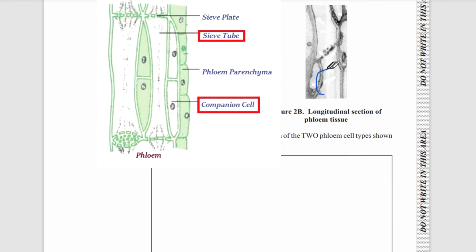This is a sieve tube, or a phloem tube, or a sieve tube element, and next to it, which is what you're most likely seeing here or here, you can see the nucleus. These are called companion cells, and what these do is supply the sieve tube with ATP, because these companion cells are actually filled with mitochondria.